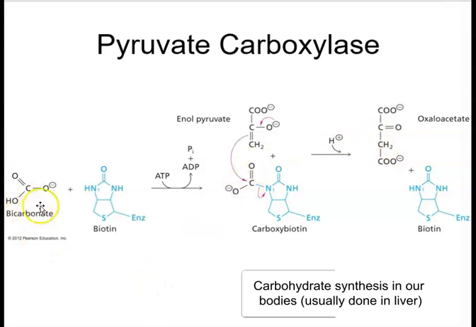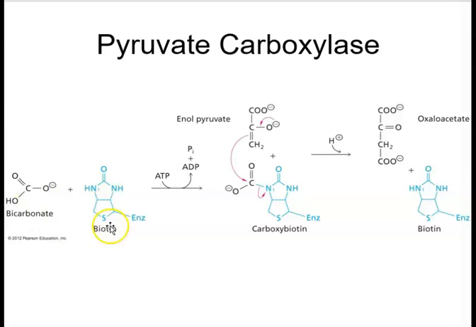We do this through bicarbonate, which we've seen a couple of times already, and with the biotin prosthetic group in the pyruvate carboxylase, we can bind that CO2 onto the amide functional group. Then we're able to use that to add on to that double bond here. So this would be a lyase type of reaction, adding a CO2 group to that double bond.